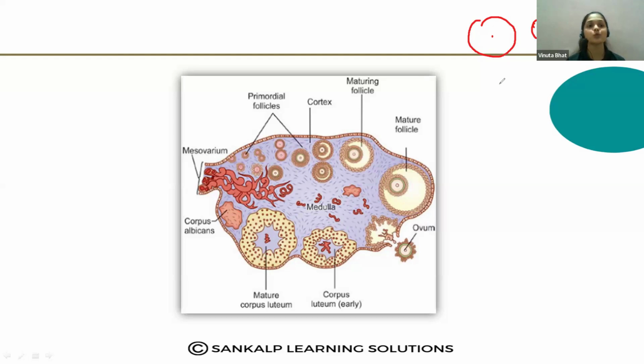After the birth there is no production of the oogonial cells.